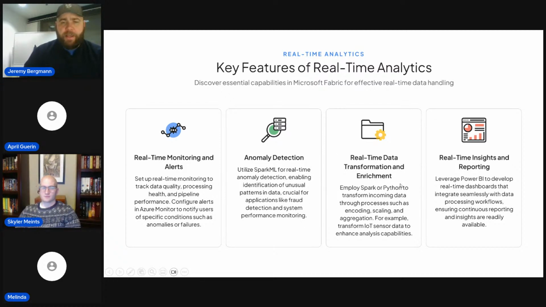Real-time data transformation and enrichment, having the tools to be able to do that, whether it's Spark, Python, streaming analytics, or streaming Internet of Things, having that capability available to process it. And then being able to do real-time insights and reporting. So you can use Power BI. They also have some of their own real-time dashboards that we will see.